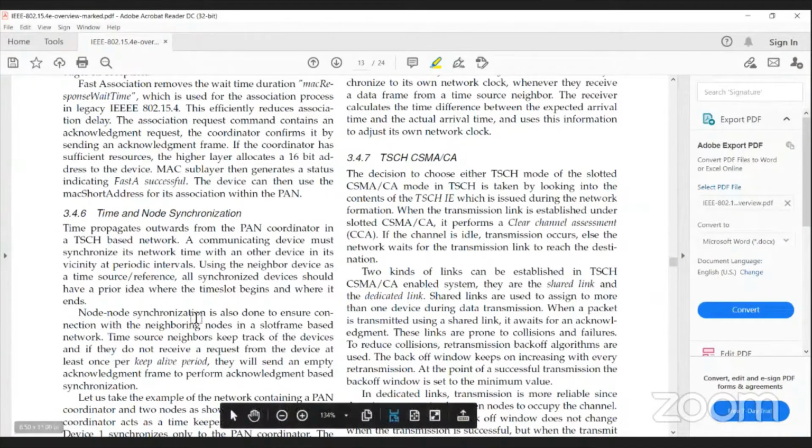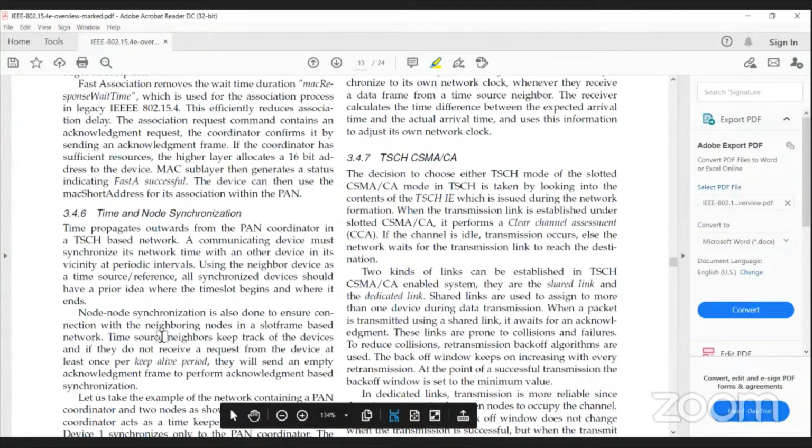See, node synchronization is another useful part, because if a node has no data, it may just keep quiet. That can be a risky affair. So you may want to periodically send out a packet called the keep alive period. There is a period over which the node actually sends out a small packet, and that's mentioned here.